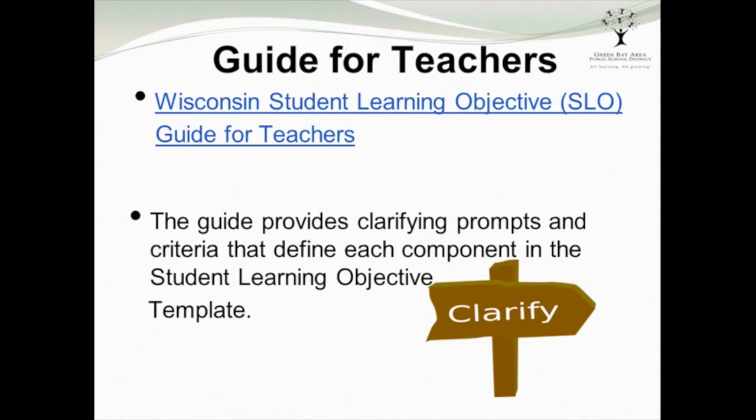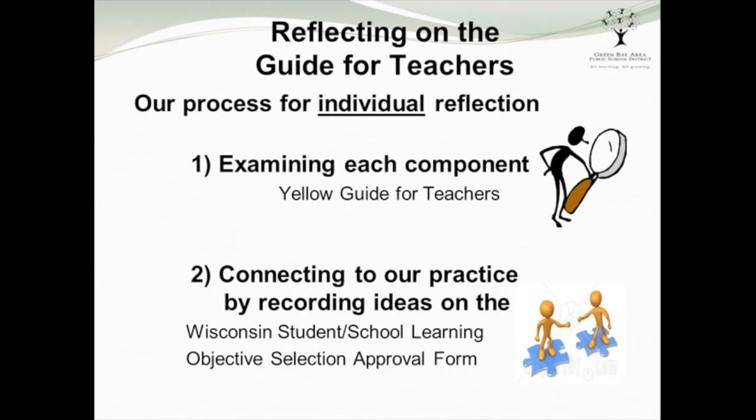We will be spending time today examining each of the 8 components and reflecting on our current practice. You will have opportunities to reflect individually and collaboratively as we work to gain an understanding of the framework of a student learning objective. The process for individual reflection today will include two parts.